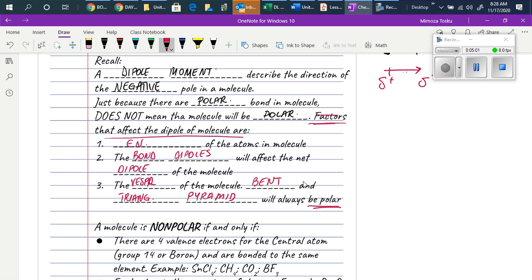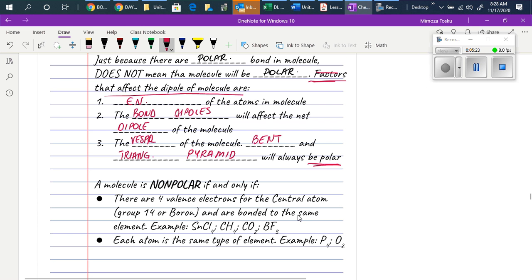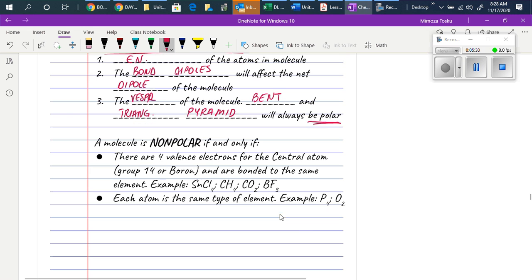The reason is that if it is bent, then the two dipole moments will definitely have a component that is not cancelled out, creating one dipole moment that goes up or down, it doesn't really matter, but a net dipole moment is created, because you have one going this way and one going that way.